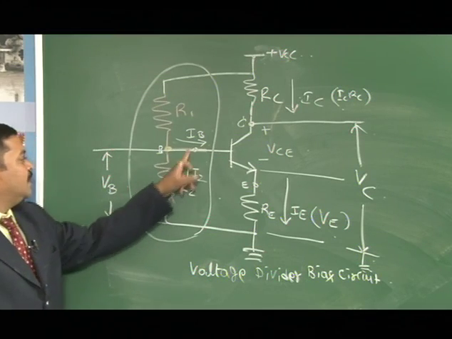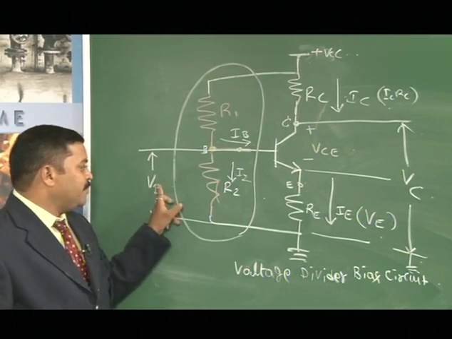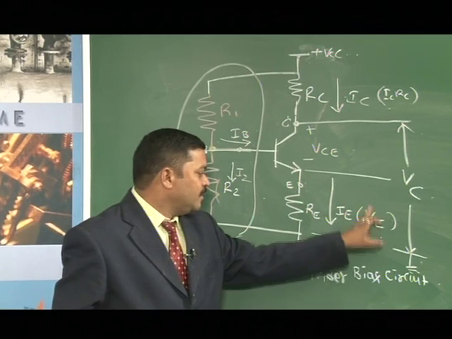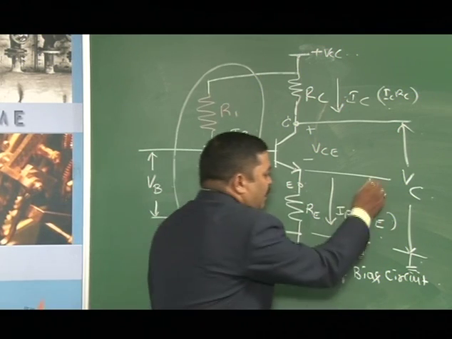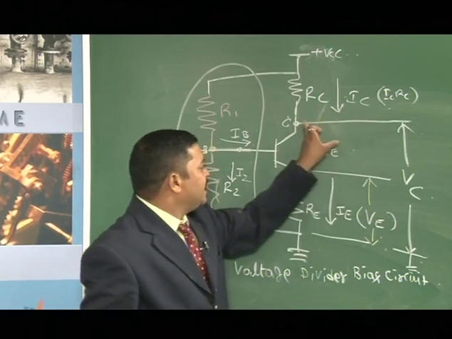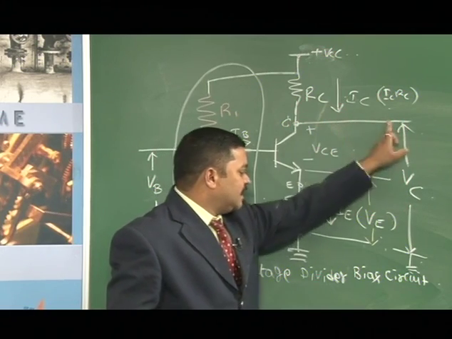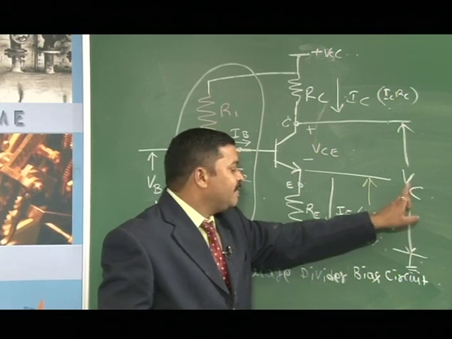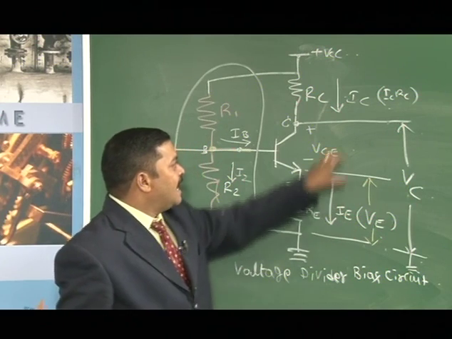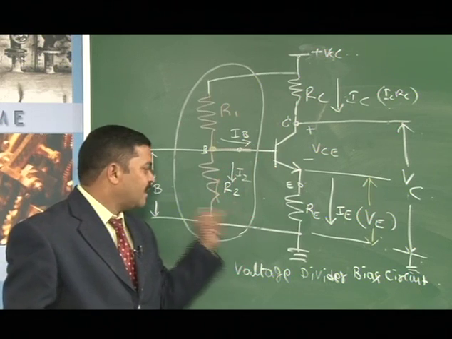The emitter voltage VE we will consider from the emitter to the ground, and VC, the collector voltage, from collector to the ground, whatever the voltage is there, which we will call VC. And IE is the emitter current, IC is the collector current, and I2 is the voltage divider network current.